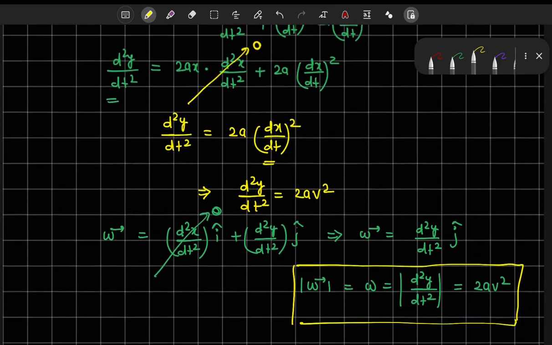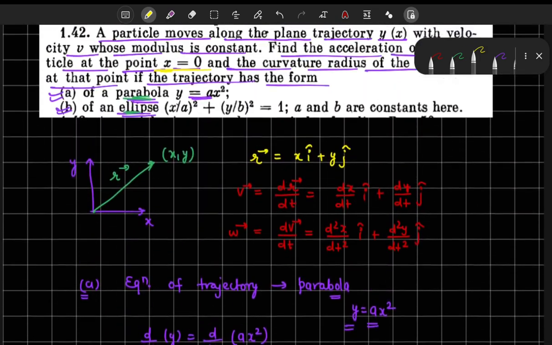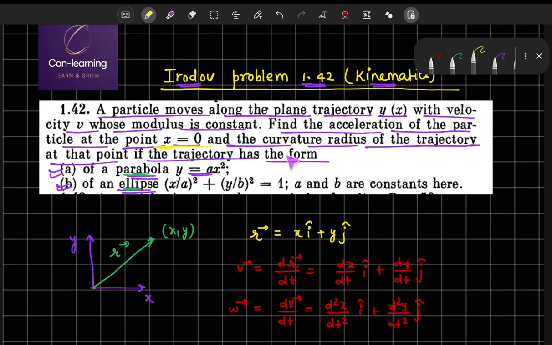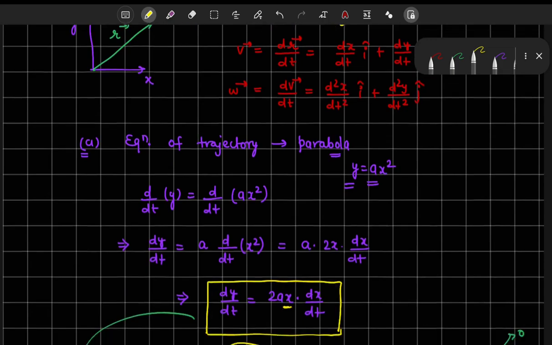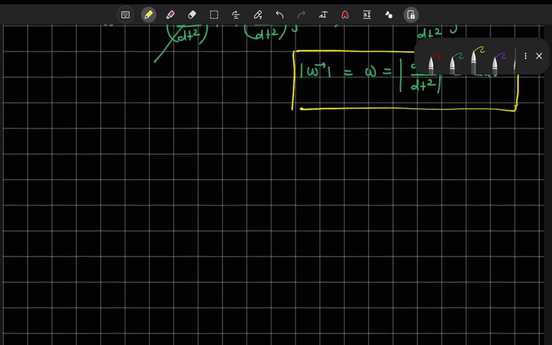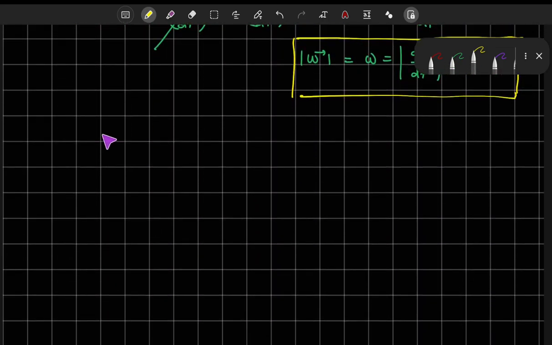Now in the second part of this particular problem, it is asking to find the radius of curvature. For that we will use the formula: radius of curvature is equal to [1 plus (dy/dx)²] to the power of 3/2, divided by d²y/dx².